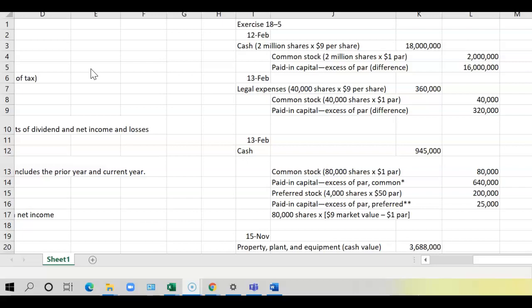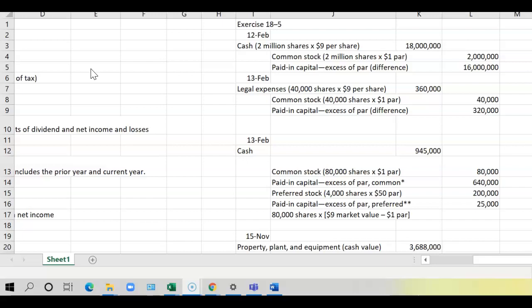So the common stock would be 2 million times par value of $2 million, and then the difference would be paid in capital in excess of par. The common stock and paid in capital are part of the equity section of the balance sheet, and they are increased with a credit.